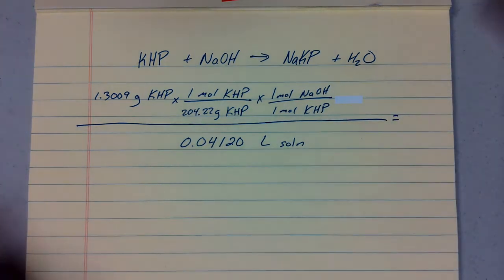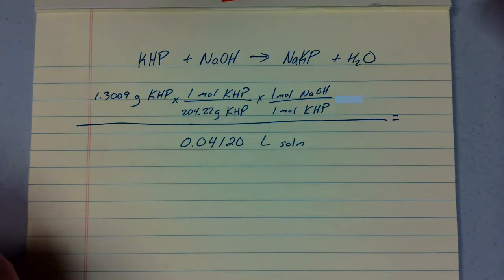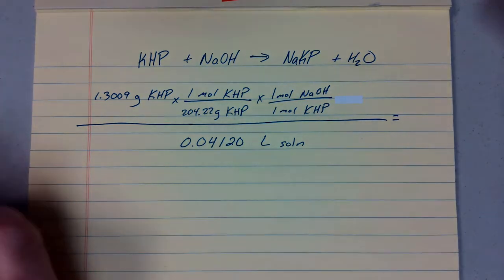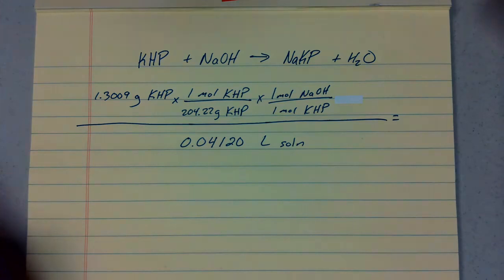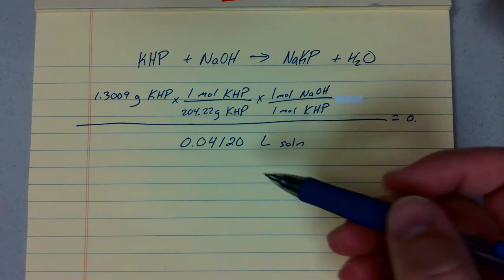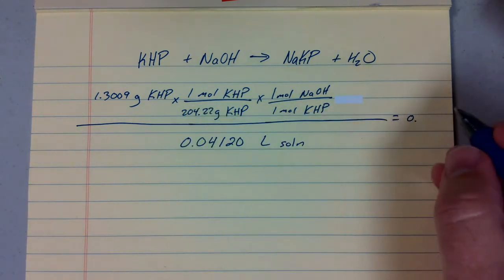So 1.3009 divided by 204.22 times 1 divided by 1, and then I'll divide by 0.04120, and we got 4 significant digits here.